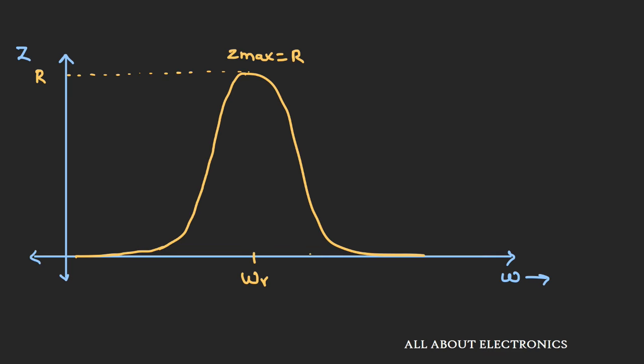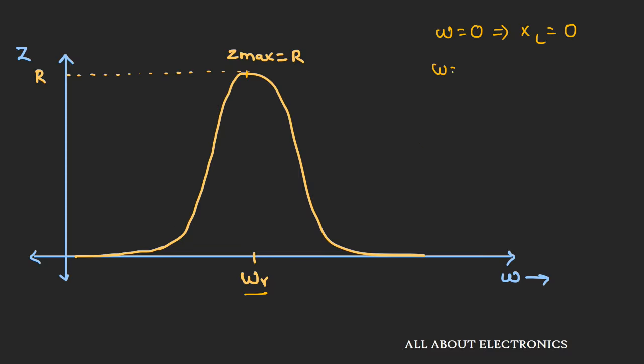So as you can see here, at resonant frequency, the impedance of the circuit is maximum, and as we move away from this resonant condition, the impedance will reduce. Now if you see at omega equal to 0, the XL term will be 0. So the overall impedance of the circuit will be 0.